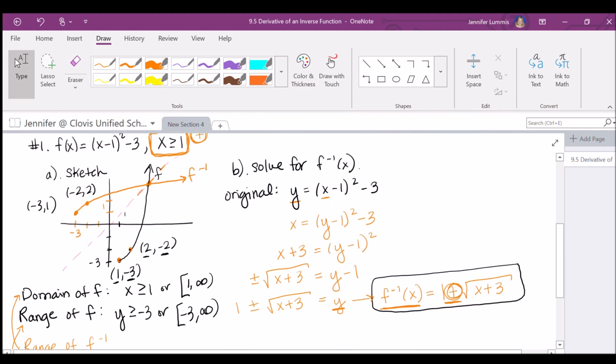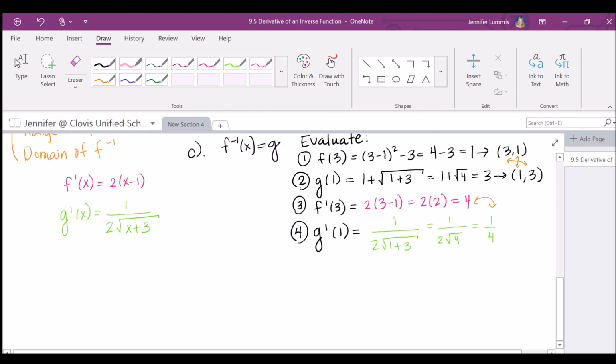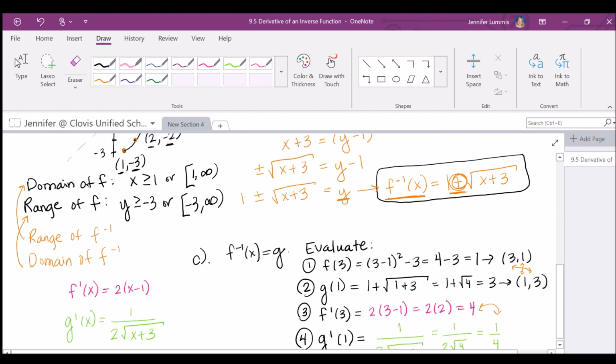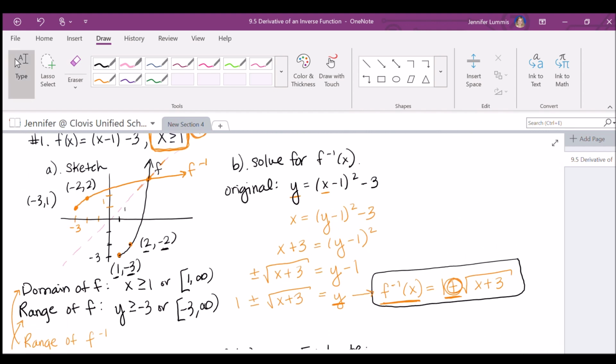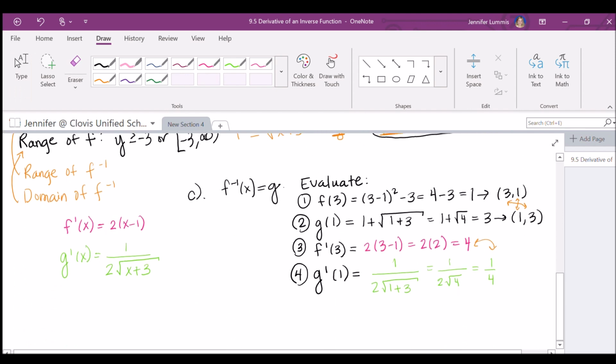Okay. If we go back up to our function and we were to draw these lines or plot these points, we should be able to see. So let's go to function f at the point 3, 1. So right about here, we should have a tangent line, and the slope of this tangent line should be 4.